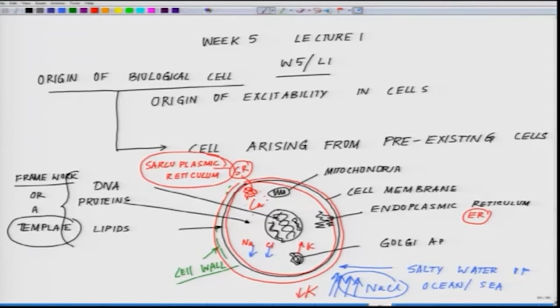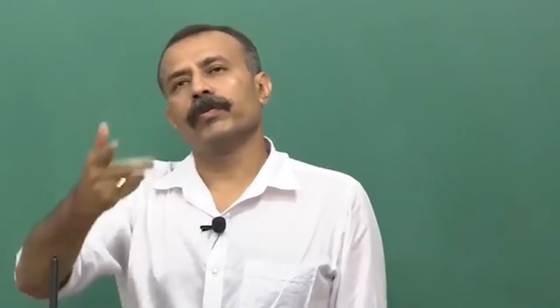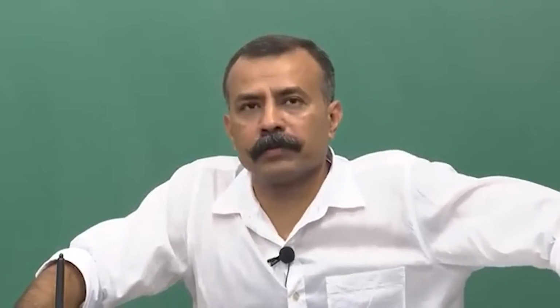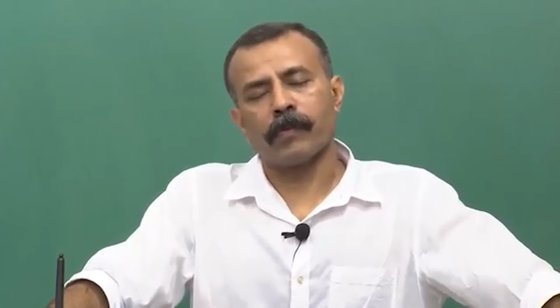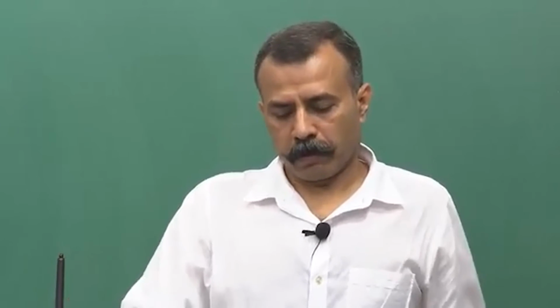So, the very first signature for a cell to evolve was the formation of a membrane. How that membrane was formed, we do not know. We have no clue about it.